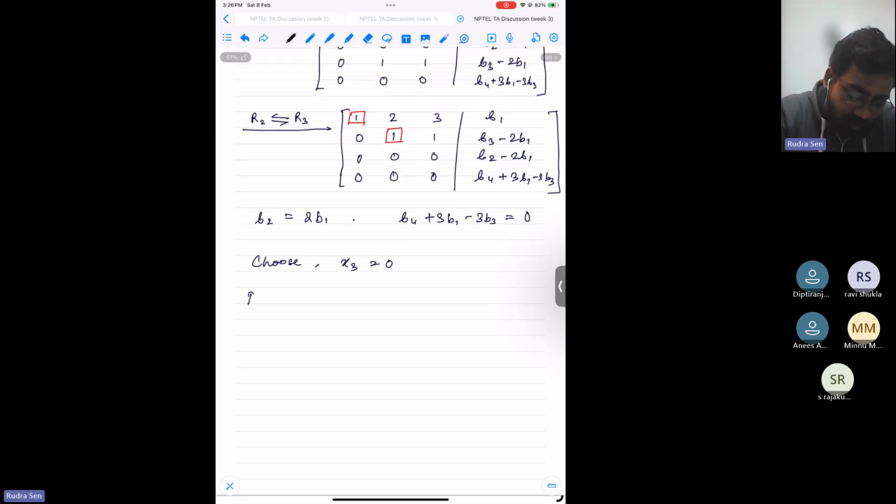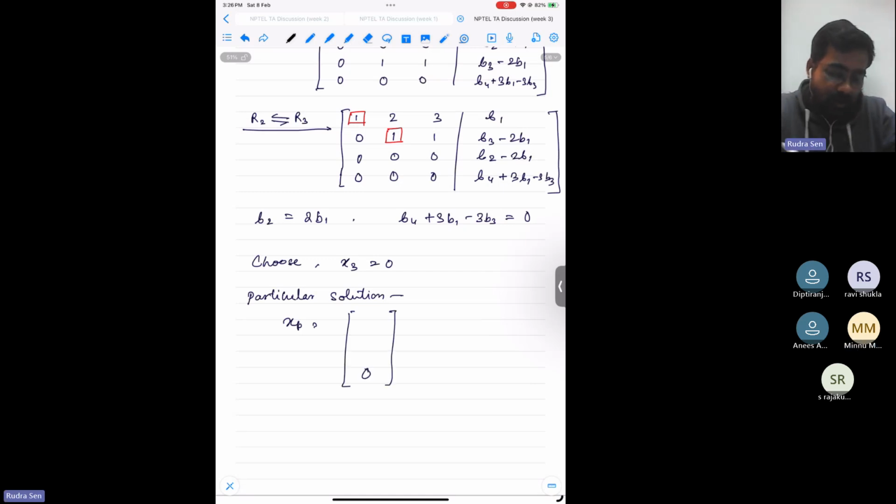So the particular solution xp should have 0 as its last entry. If this term is 0, what will be X1? X2 should be b3 minus 2b1.